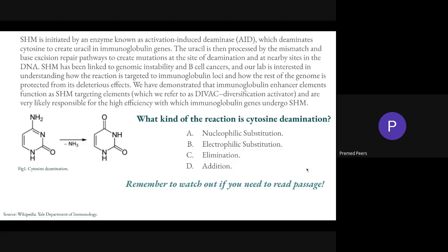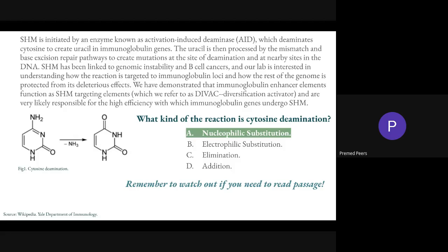So for this one, it is A. It's a nucleophilic substitution. Think about what happened from that amine group on the cytosine going to a carbonyl structure.